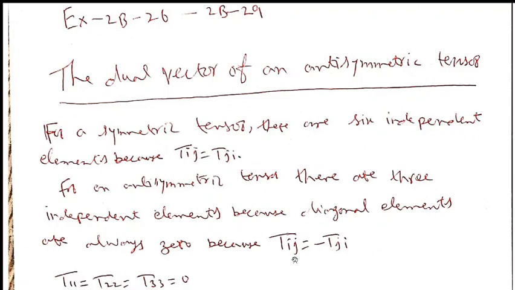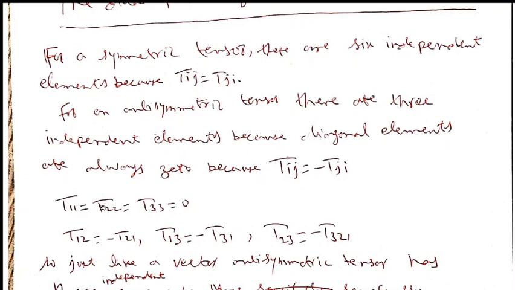This indicates that we are talking about an anti-symmetric tensor; if you have one, this condition will be satisfied. Now with the help of this equation, you have T11 equals T22 equals T33 equals 0. How are these 0? T11 equals minus T11, so 2 times T11 equals 0, and T11 equals 0. All the diagonal elements will become 0.